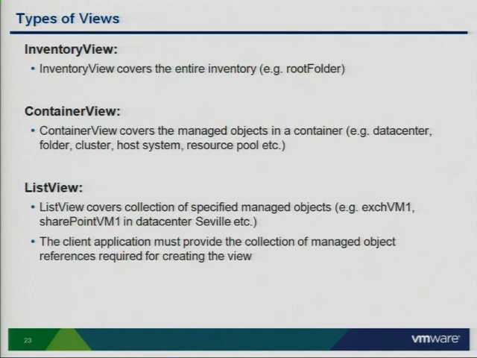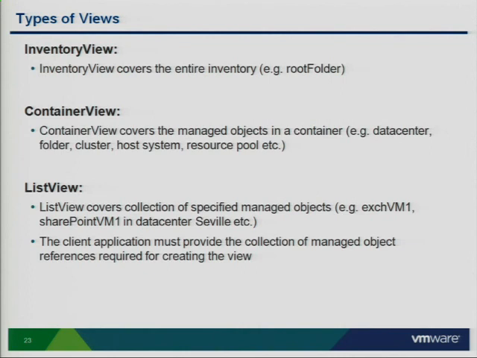Okay, there are 3 types of views: inventory view, container view, and list view. I'm going to come from bottom up so that you can get a better understanding. So list view is, for example, you want to create a view out of 10 VMs of all the VMs within your inventory. 5 VMs from the production data center and 5 VMs from the QA data center or whatever it is.